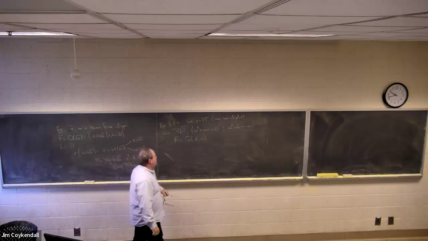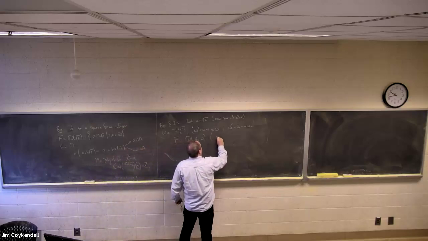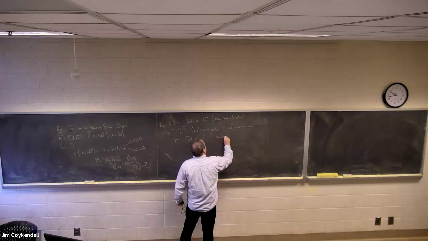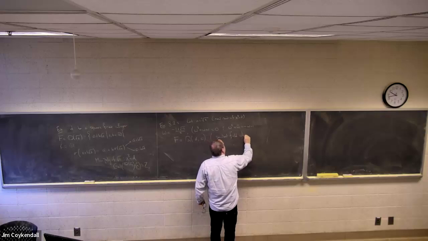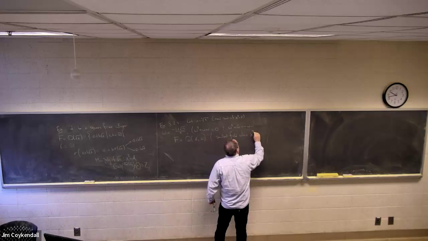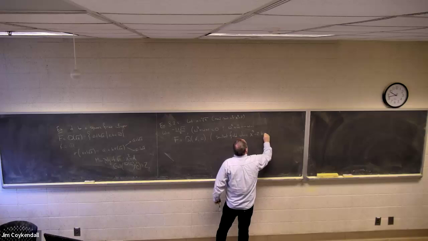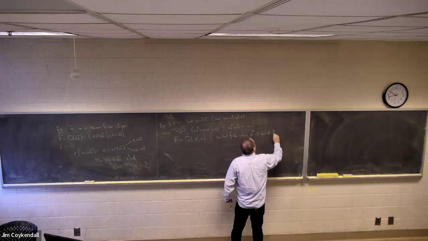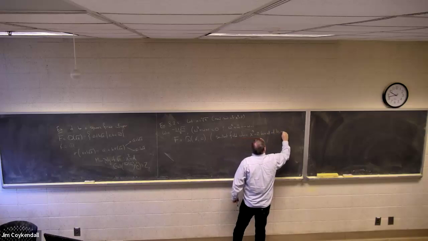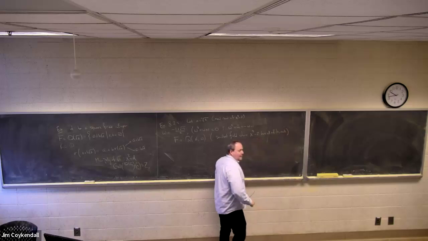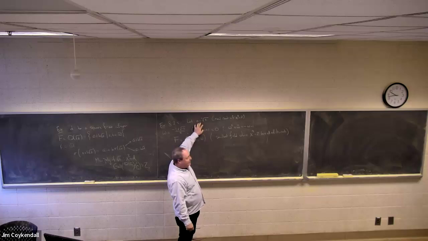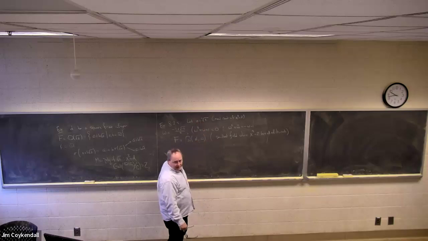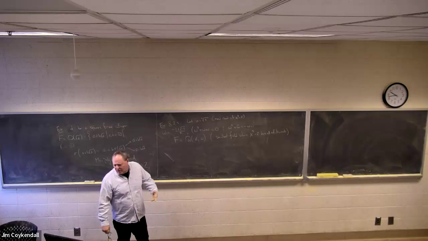This is the smallest field where x cubed minus 2 has all three roots: alpha, alpha omega, and alpha omega bar. So that's the smallest field where you've got all the roots.